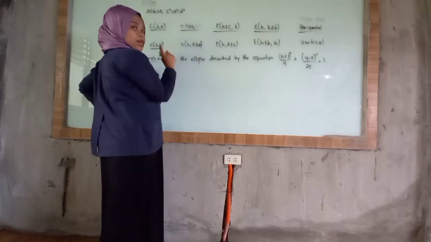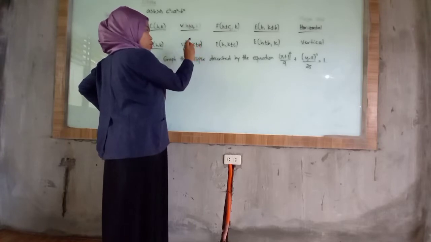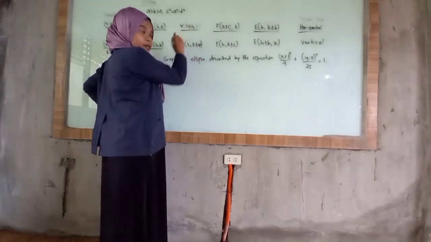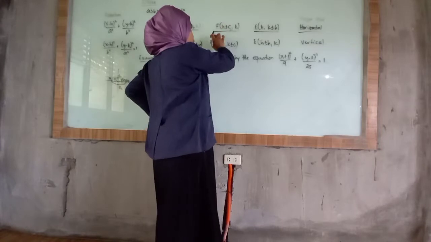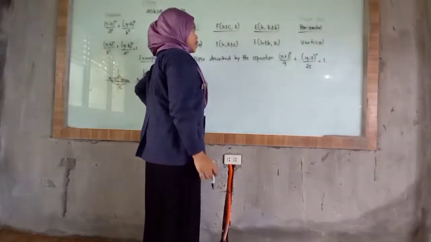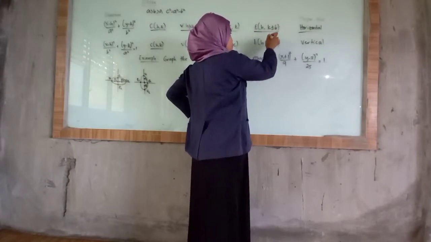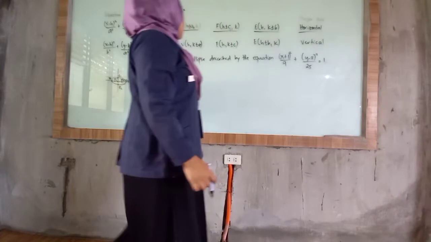So, you have to take note, pag ang vertex ang hinahanap mo, you need the value of A. Pag sa focus naman, foci, you need the value of C to get the foci. Para naman makuha mo yung E, you need the value of B. Okay?